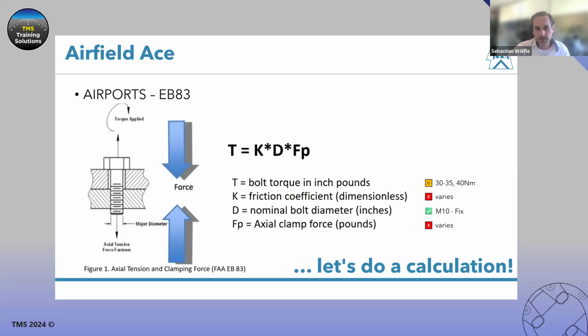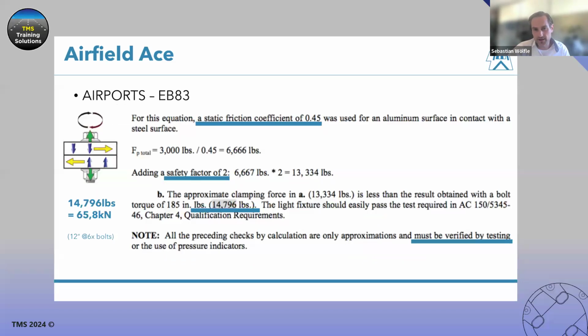Okay, next, that's the engineering brief. The first version of it calculates, and I don't want to go into details of the figures, approximately 40,000 pounds, which is 65 kilonewton axial clamp force. The latest version of the engineering brief even doubles that. So the requirement for a 12-inch light in Newton meter is above 100.